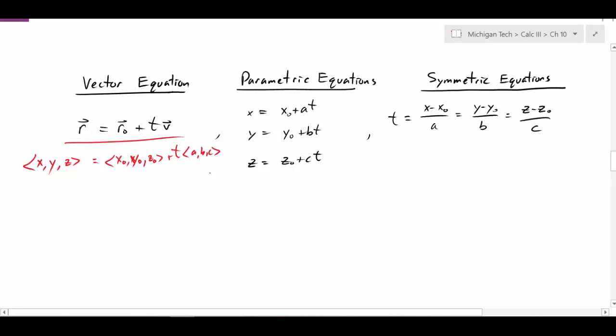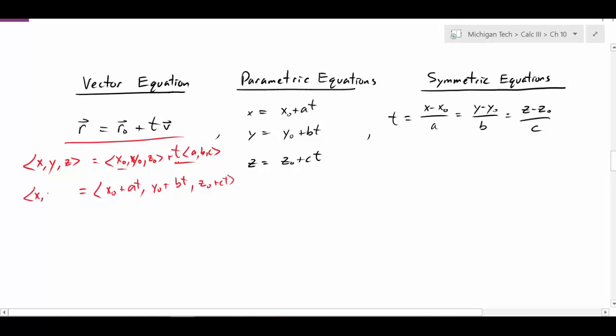Well, we know how to multiply vectors by scalars, and we know how to do vector addition. So we could simplify the right-hand side of that equation as x sub 0, this x component, plus t times a, which we could also write as a times t. And the rest of this vector would be y sub 0 plus b times t, z sub 0 plus c times t.